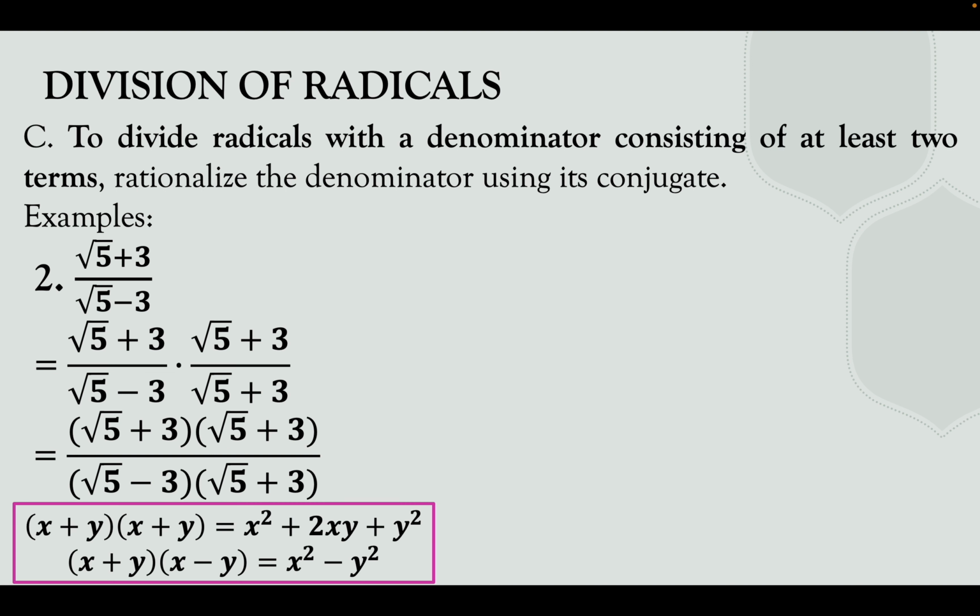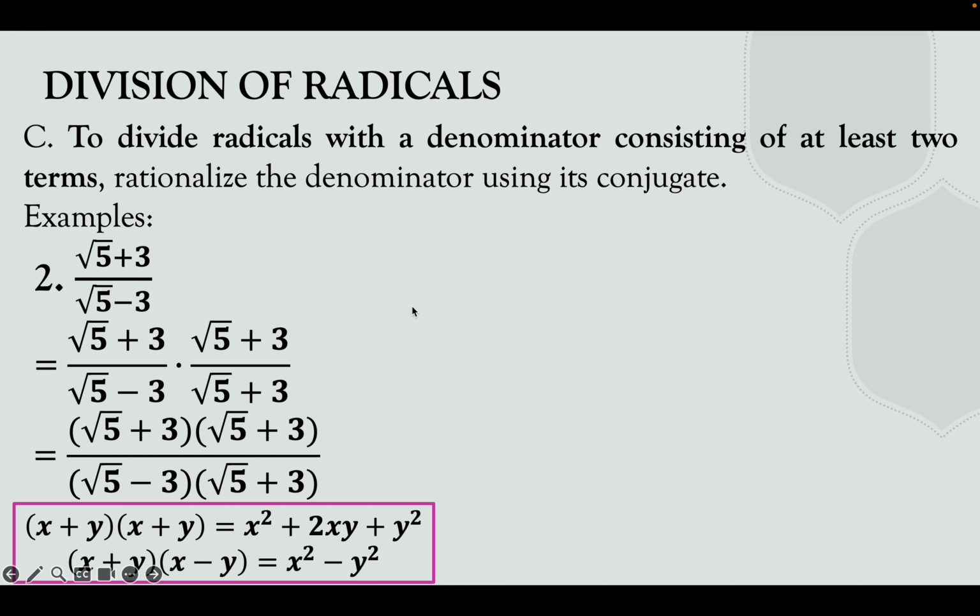We will use the square of binomial again. Since we have the same sign, positive and positive, we can simplify this one as x squared plus 2xy plus y squared. And in the denominator, we will use x plus y times x minus y, which gives x squared minus y squared.